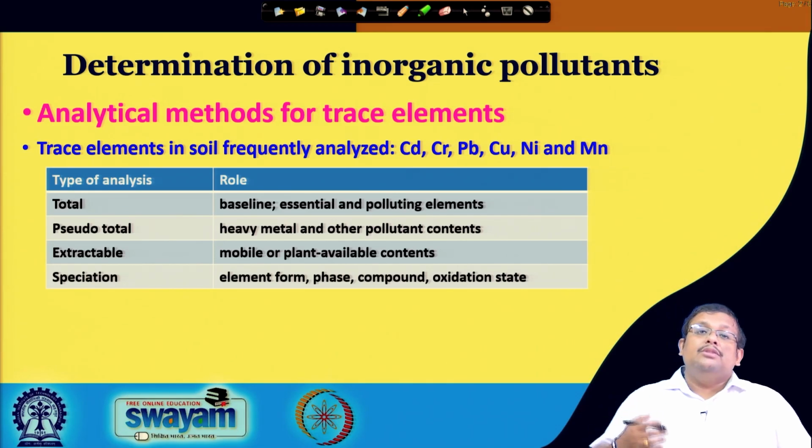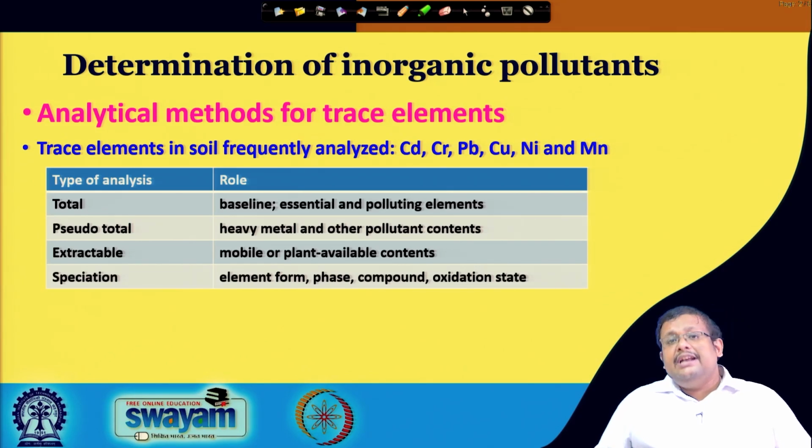If we are interested to measure the lead concentration or lead contamination in the soil, we should go with the total elemental analysis, and total elemental analysis can also be done by different ways. For that you need to use a certain kind of digestion mixture, for example hydrofluoric acid. And apart from this total analysis, you can go with the pseudo total analysis also.